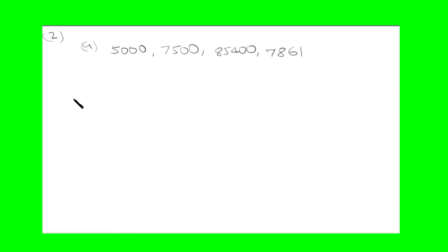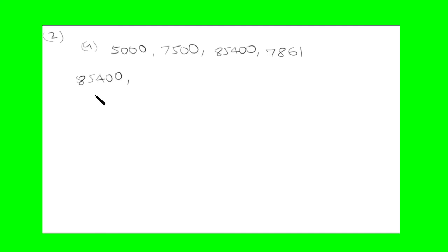What we find is that out of these four numbers, the only 5-digit number is 85,400. So we will be using 85,400 at the first.